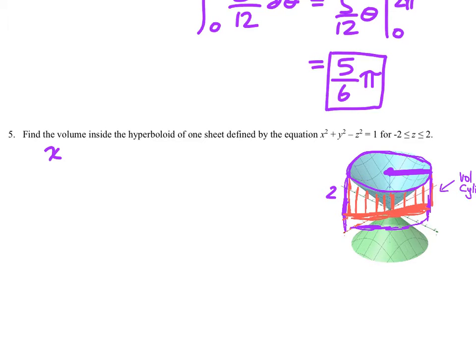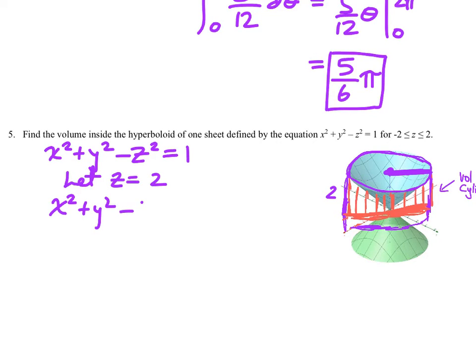All right, so we'll start with that. We have x squared plus y squared minus z squared is equal to 1. I'm going to let z equal 2. So that gives me x squared plus y squared minus 4 equals 1, so x squared plus y squared is equal to 5, which means r is equal to the square root of 5.